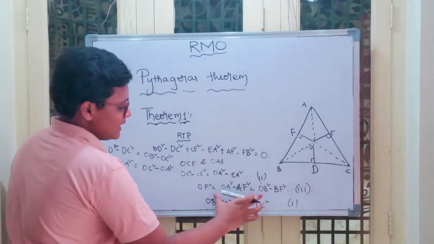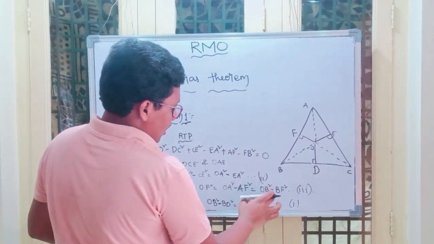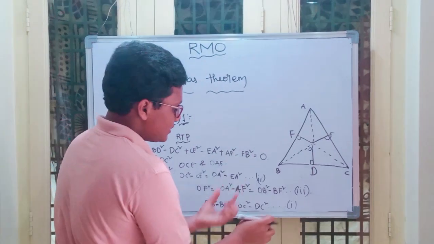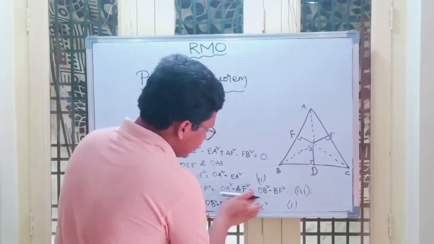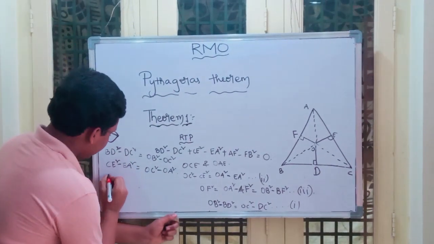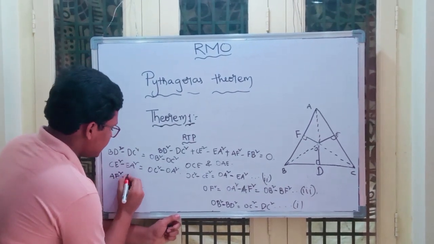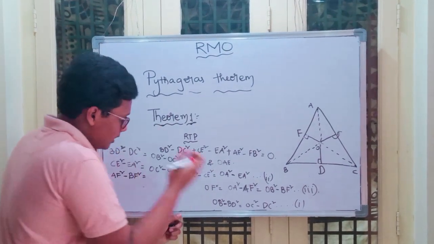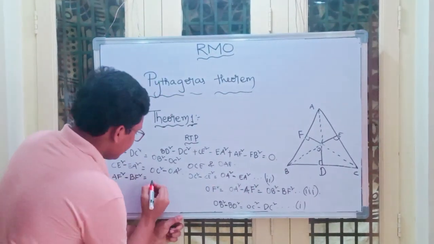And from this equation 3, in this AF square minus FB square, we will shift this AF square to this side and OB square to this side. So we will get AF square minus BF square is equal to OA square minus OB square.